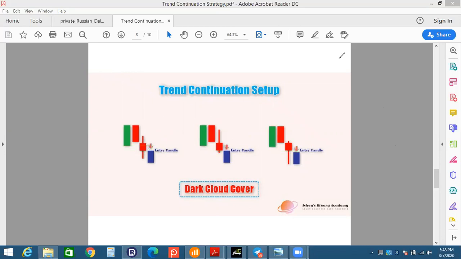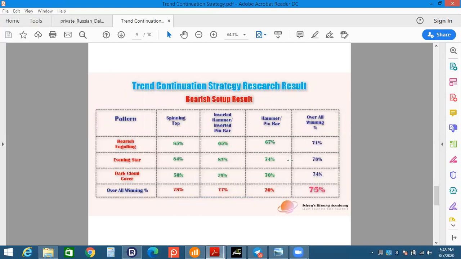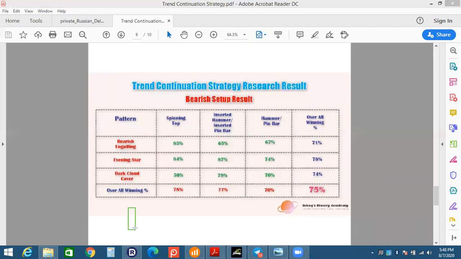The results of these bearish setups are: bearish engulfing 85%, spinning top 85%, inverted hammer 65%. Because when the evening star appears here, if the inverted hammer appears like this one, then the results will be bad.